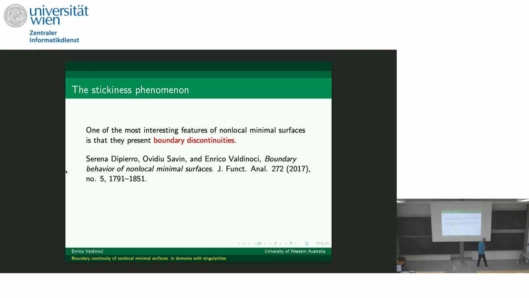So in the classical case, for instance, if you take 0 value on one side, and suppose that this is 1, suppose that you take a straight line here, well, the solution, if s is equal to 1, is just the straight line. You say, oh, this is obvious because I know how to solve u'' equal to 0 in R or in R plus, but let me give you a difficult proof of this.